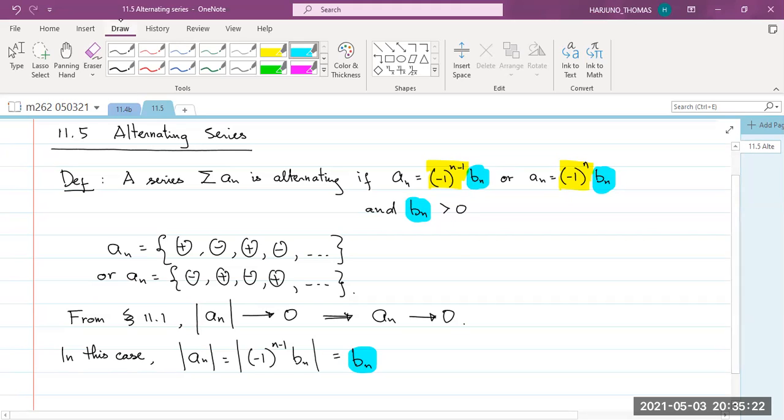Okay, so by test of divergence, will it be the same if B sub n is negative? No, because if B sub n is negative, then the absolute value of B sub n will still be the absolute value of B sub n. See, the absolute value of something negative has to be positive.